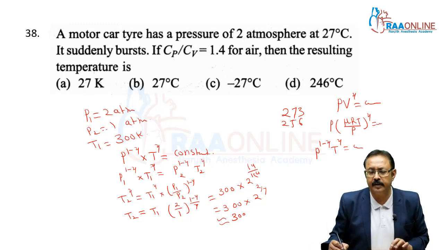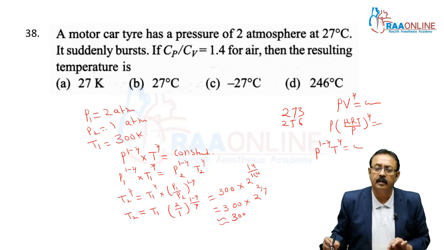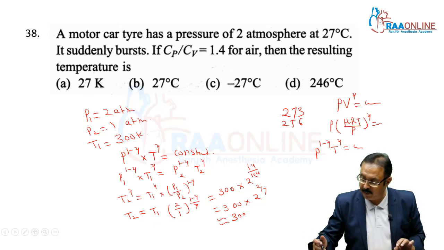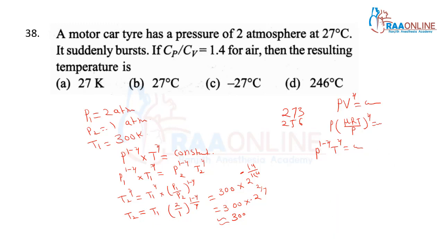Initially it was P1, T1, then P2, T2. Initial pressure was 2 atmosphere, final pressure was 1 atmosphere. So T2 raised to the power gamma means T1 raised to the power gamma into P1 upon P2 raised to the power 1 minus gamma. Transferring the power gamma to that side, 1 minus gamma by gamma. So we are getting 2 raised to the power 1 minus gamma upon gamma, so the power is negative and it will come in the denominator.